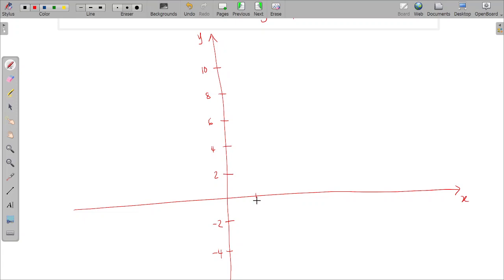For x it is just up to 5, so I can use 1, 2, 3, 4, 5. You see I use 2 units here and 1 unit here. For both the positive y and the negative y, I use 2 units. It must be the same. You can't use 2 units on one side of y and 1 unit on the other side.